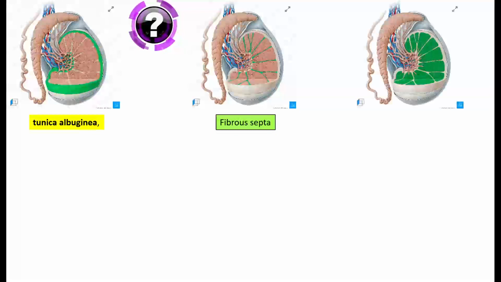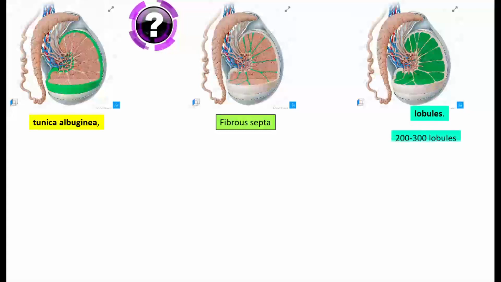Now, when these septa go in, they don't go all the way, and they create incomplete lobules. The green colored structures are incomplete lobules created by the growth of fibrous septa.